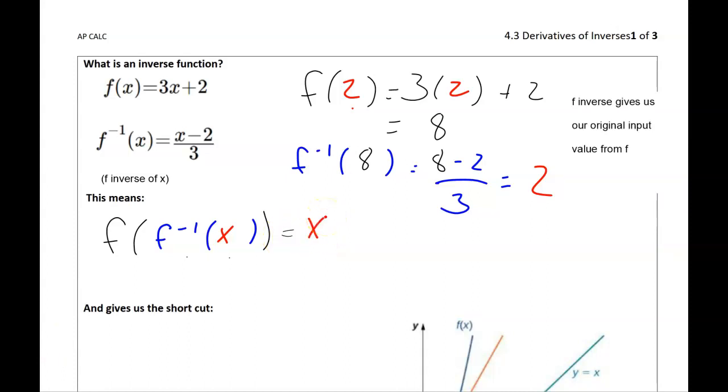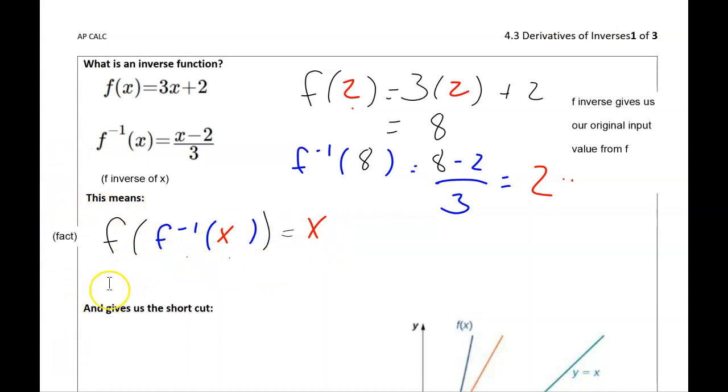Right, so they cancel each other out and I get what I started with back. That's my 2, right? If we want to tie it back to our numerical example. So this is true no matter what as long as the functions are inverse, no matter what the functions are, no matter what x is. This is called an identity. It's a fact, right?